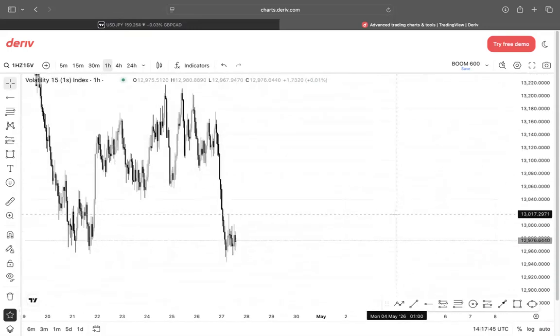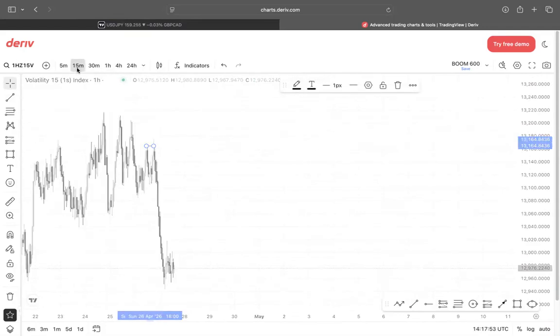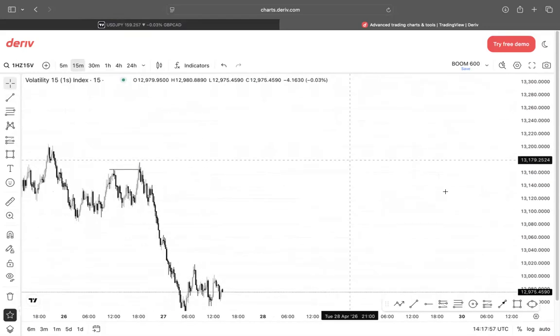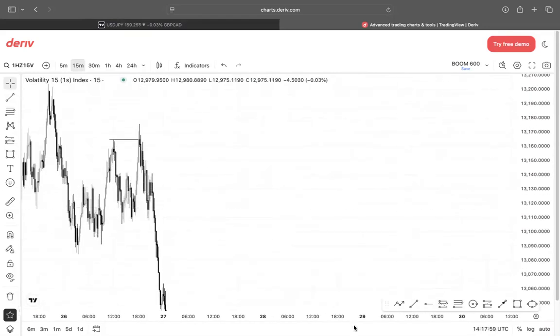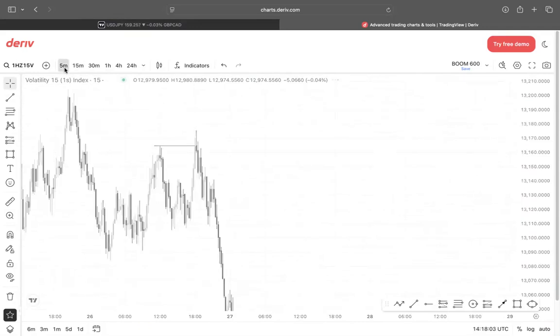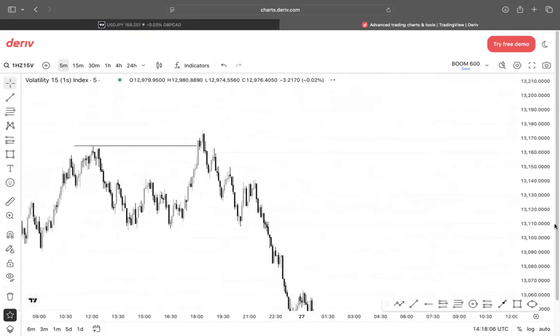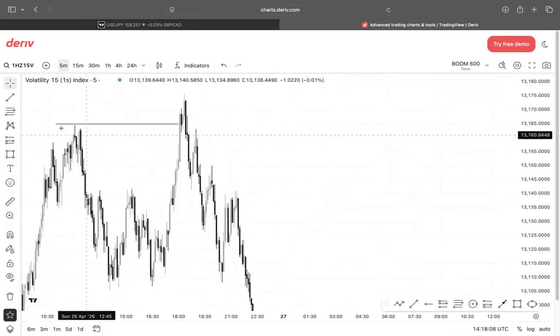We have something here. We had a sweep here. Let me go to the 15 minutes time frame so that you guys can see it very well. We had a sweep here. Let's go to 5 minutes. You can see that the structure is not clear.